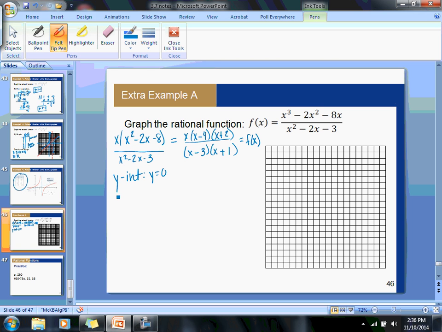So my x-intercepts are going to be 0, negative 2, and 4. And then the degree of my numerator is 1 more than the degree of my denominator. So I don't have a horizontal asymptote.